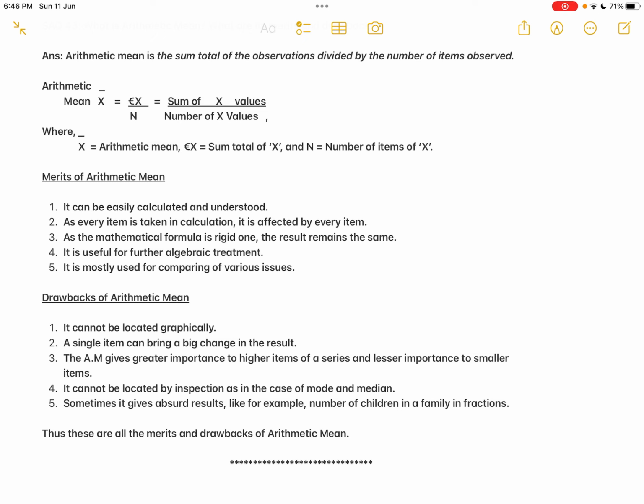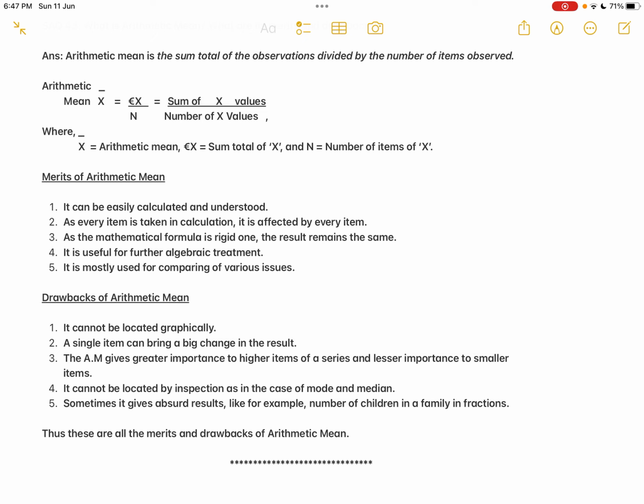If the final answer reflects only 2 or 3 students' marks, then it is not that useful, is it? So the marks obtained by all 20 students in a class should be reflected in the final average we arrive at. Arithmetic mean satisfies that condition: every item is taken in calculation, so it is affected by every item.